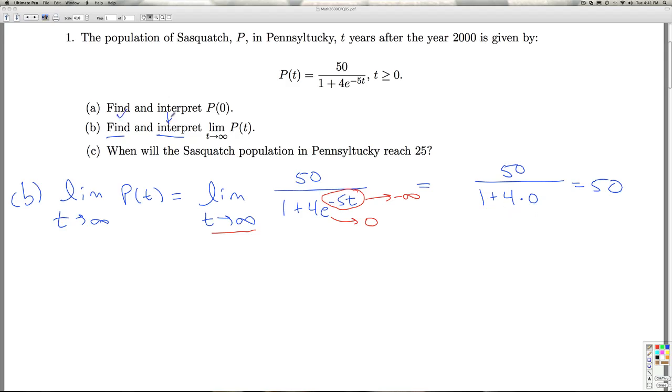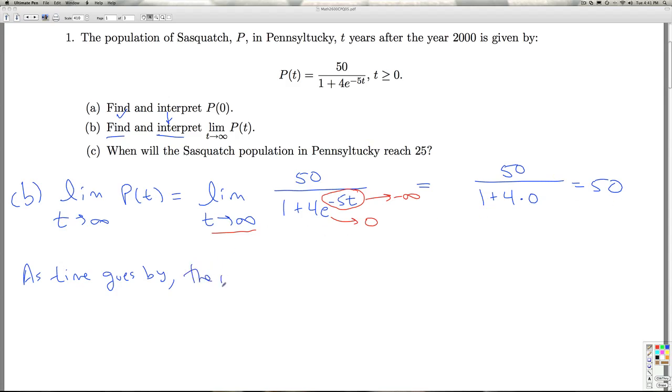Now it's time to do the interpret part. t represents the number of years since 2000. So t going off to infinity is talking about the end of time. So we'll interpret that as time goes by, the P of t, which represents the population of Sasquatch, is approaching 50.